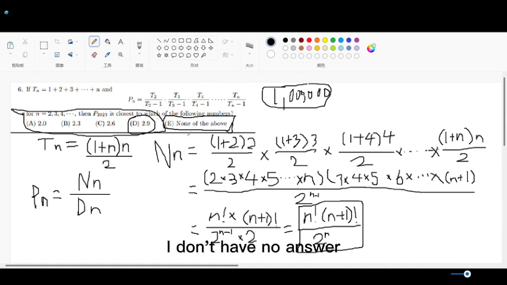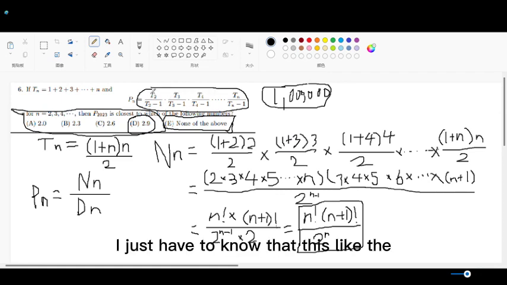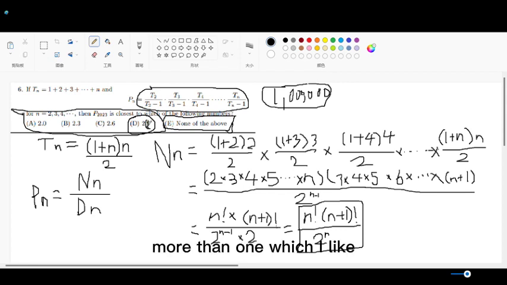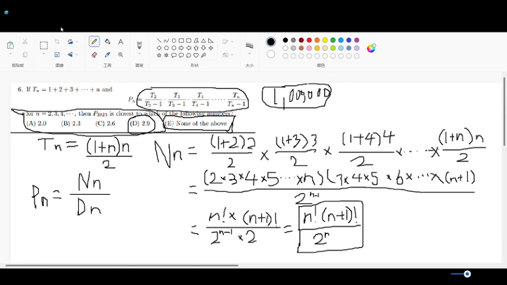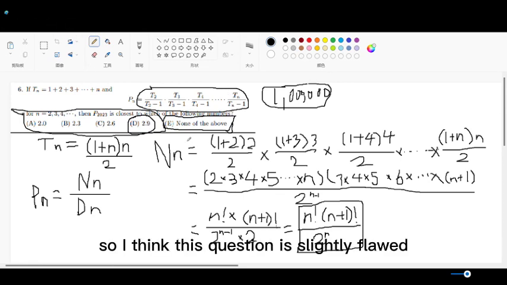I just have to know that the decimal places of this thing is more than 1, which I can probably spot in 1 second. So I think this question is slightly flawed.